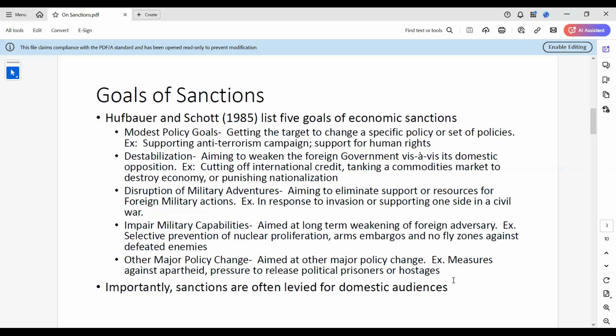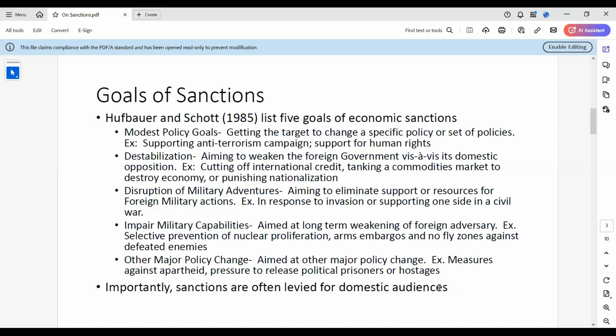And finally, the last one here is other major policy changes. Measures against apartheid and efforts to release political prisoners or hostages can be eligible for economic sanctions. Importantly, the sanctions are often levied for the purpose of domestic audiences.